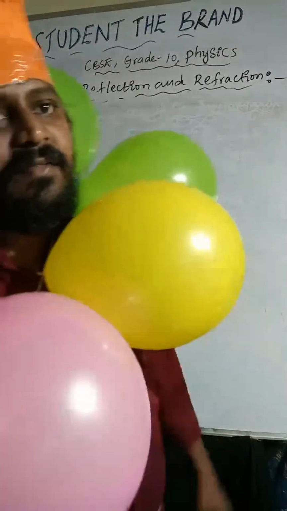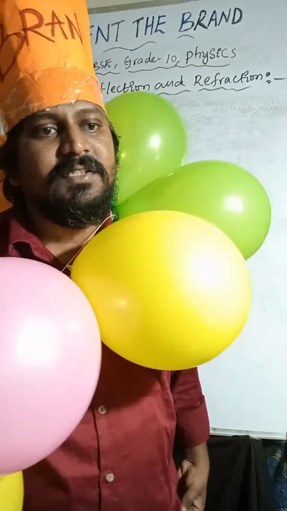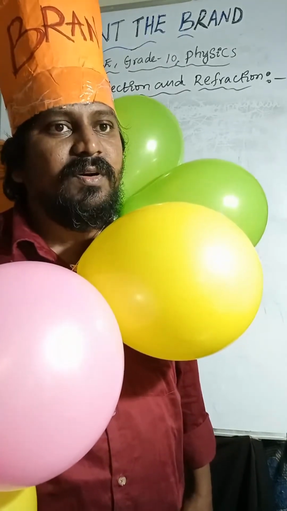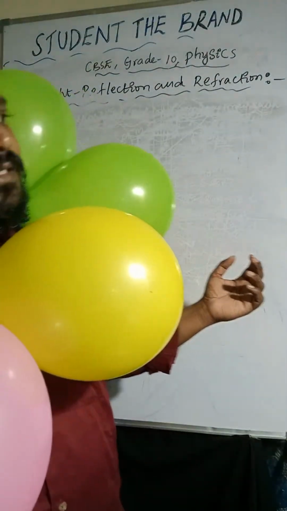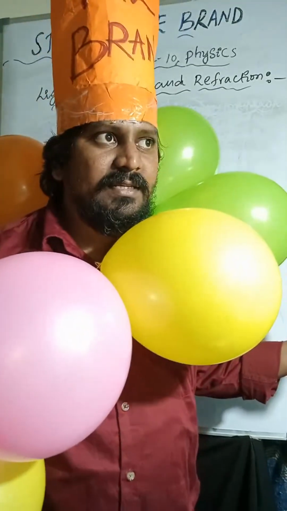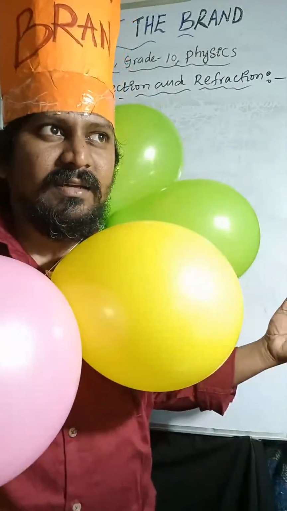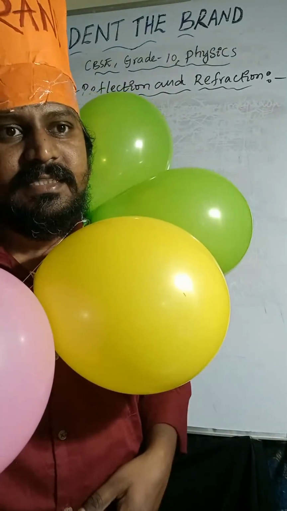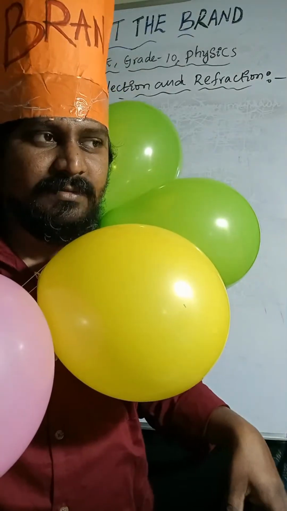So next, magnification: size of the image by size of the object is called magnification. Sign conventions are very important. The object is placed in front of the mirror, and all distances are taken along the incident rays as positive, opposite to the incident rays as negative, above the principal axis positive, below the principal axis negative.